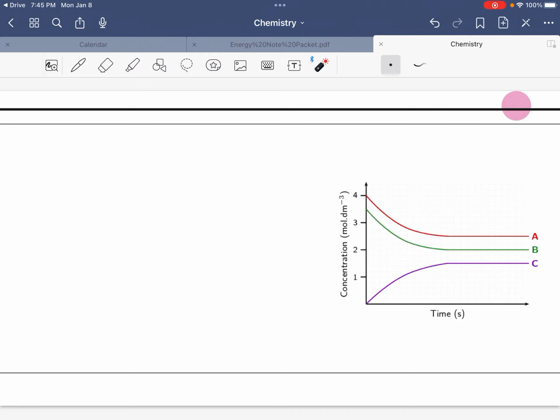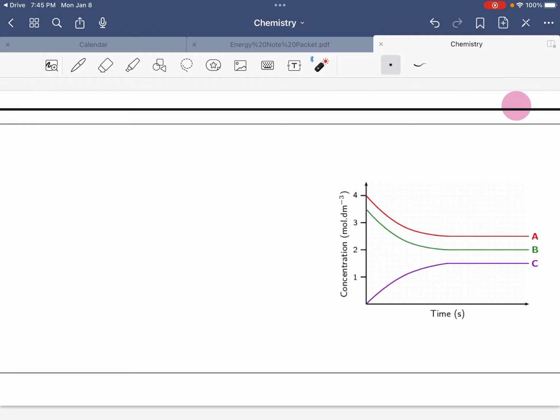Here we have a graph with different species: A, B, and C. It's proceeding through time, so we have a reaction occurring over time, and on our y-axis, we have concentration. So it's showing us how much of each species we have over a certain amount of time.